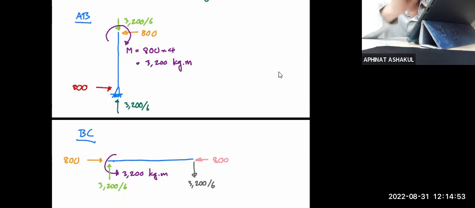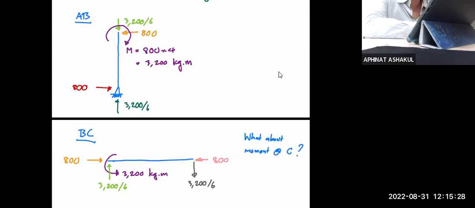Figure out moment at C. It's not going to be 3200 anymore. If you can recall that the length of the member is 6, you are beginning to see that moment at C is going to be 0.